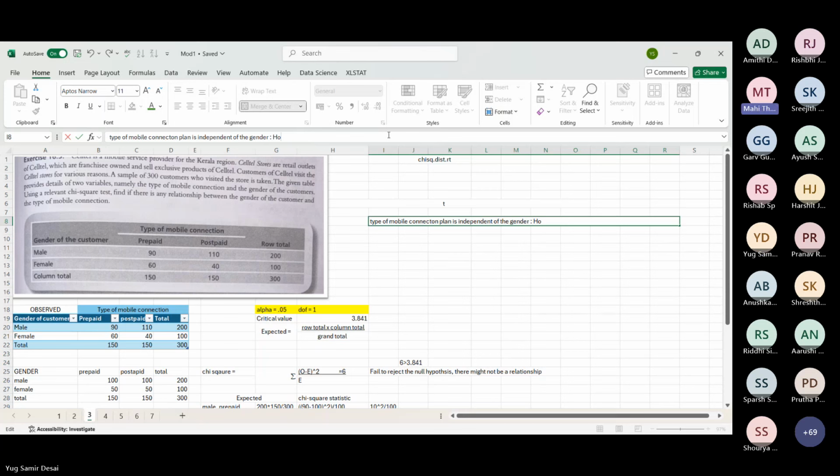But here in the question, it is written that we have to find whether there is any relationship or not, and you've assumed that there isn't. So can't we assume that there is, and then the alternative would be that there is not? See what we are trying to prove, rather what's in our given statement. Firstly, chi-square is a test for independence itself.